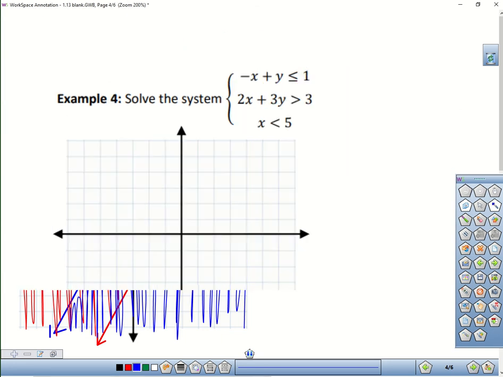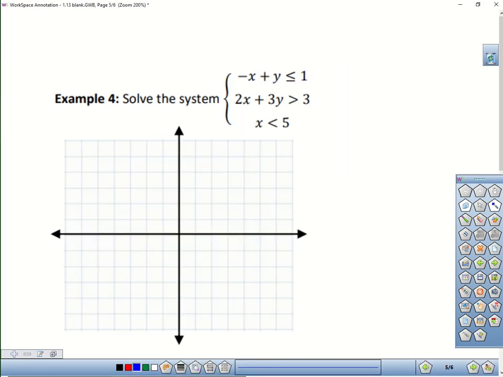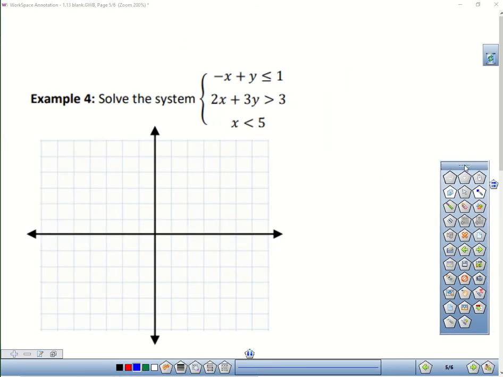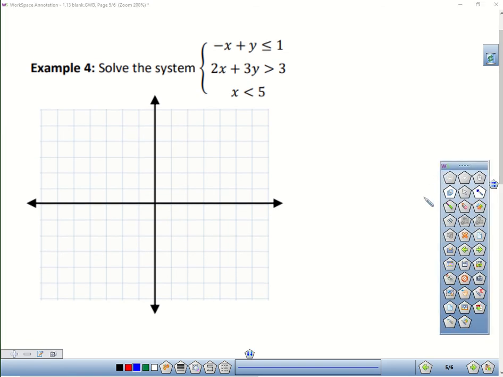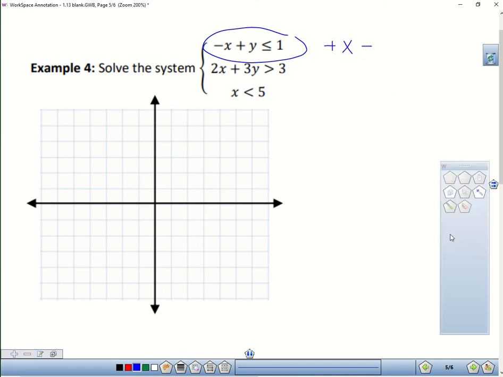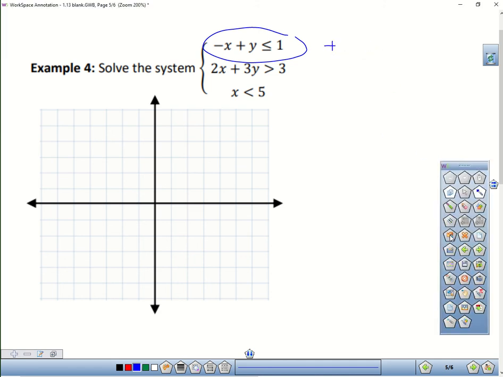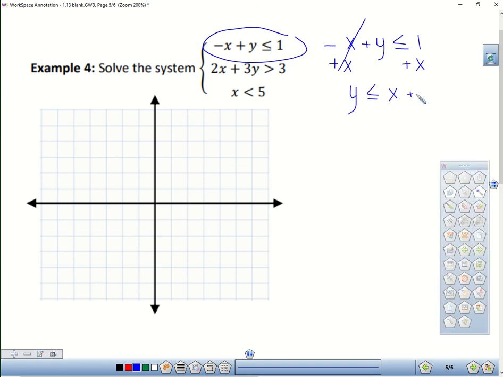So let's look at our last numerical example, and then we're going to do a word problem. In this case, we're going to be looking at 3 inequalities, so that's where your third colored pencil is going to come in. The first thing I'm going to do is solve this to get it into slope-intercept form. I'm going to add x to both sides, and that's going to give me y is less than or equal to x plus 1.